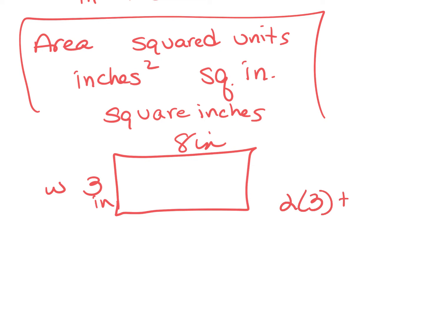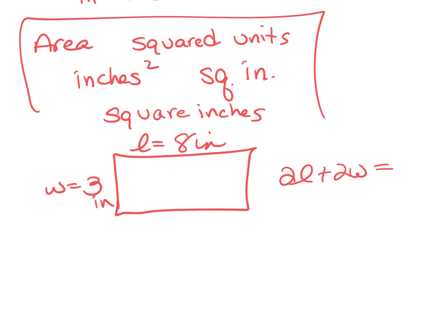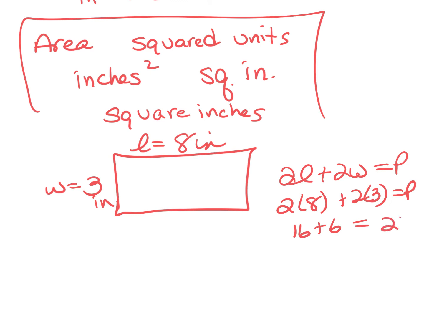So this would be width, this would be length. So 2 times the length plus 2 times the width could give us perimeter. So 2 times 8 plus 2 times 3, and this would give me 16 plus 6, and I would get 22.